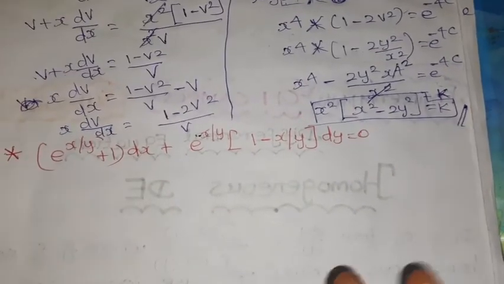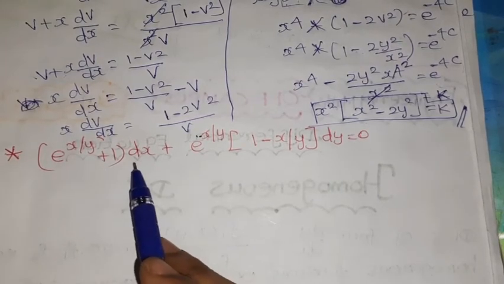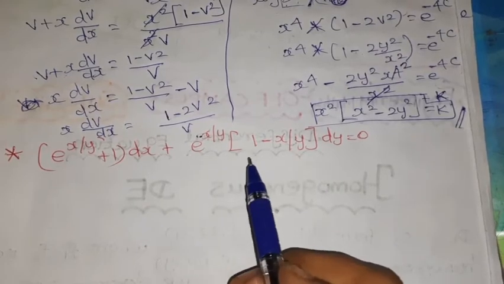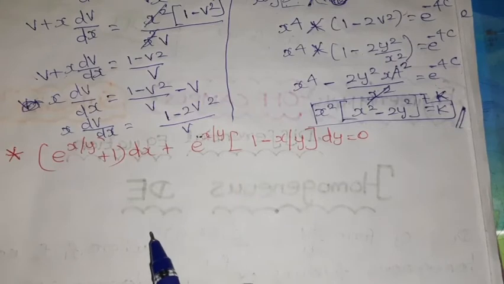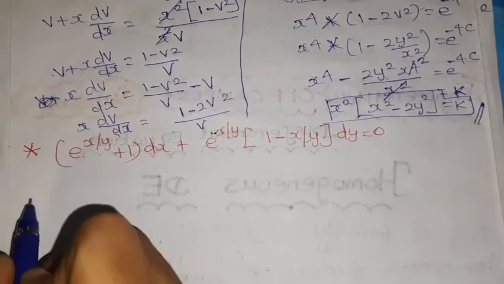What is that? e power x by y plus 1 into dx plus e power x by y into 1 minus x by y into dy equals 0. So this is the problem, and we need to simplify this.